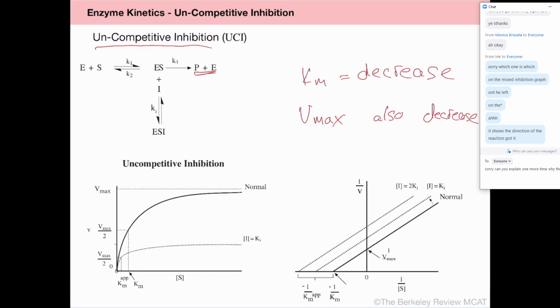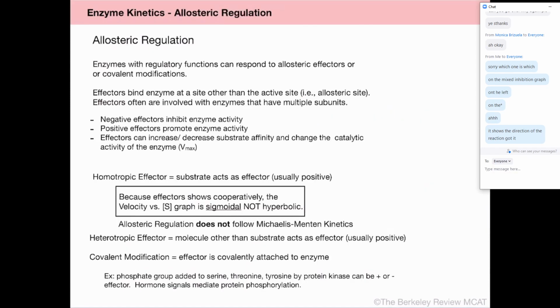Okay. Now we're going to touch on this quickly. There's something called allosteric regulation, right? And that's when enzymes will regulate their efficiency based on different allosteric effectors, or covalent modifications. So you could imagine an enzyme is modified by like a phosphate binding to the enzyme.